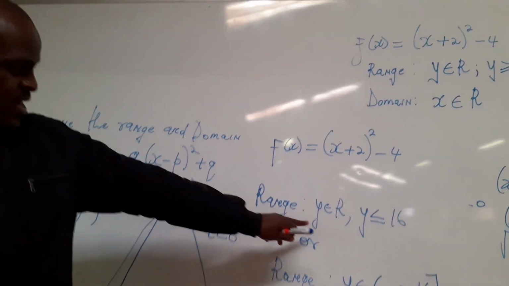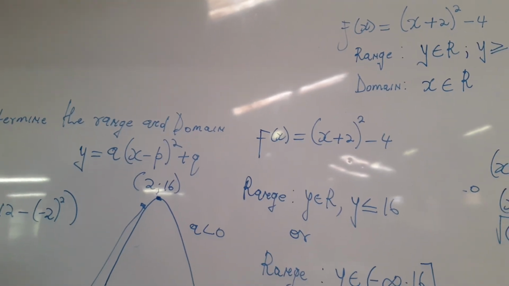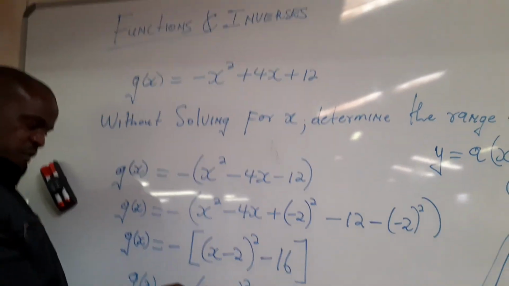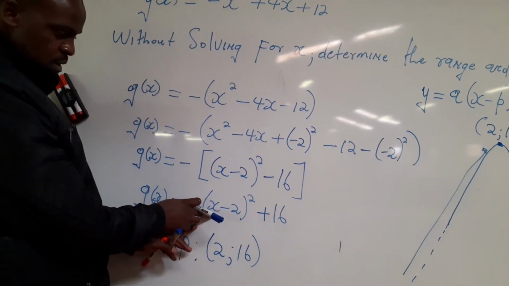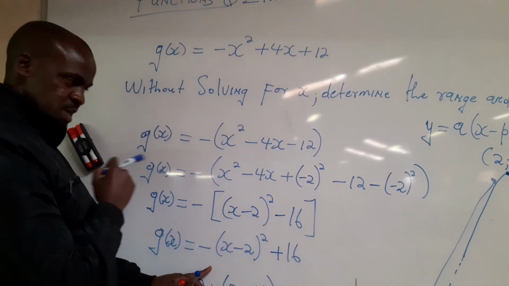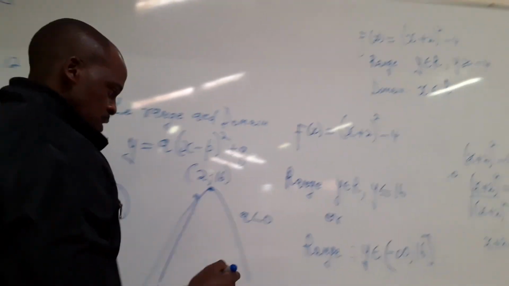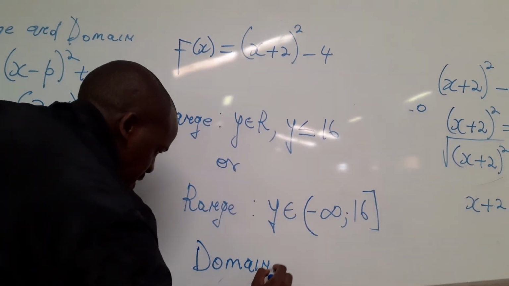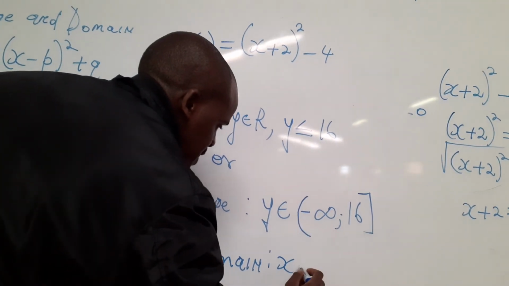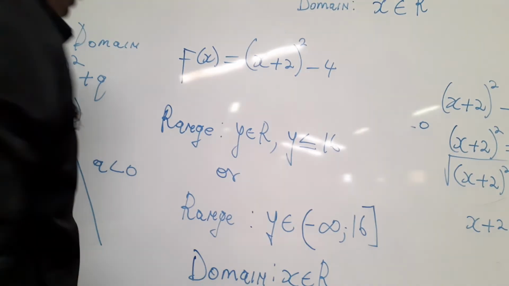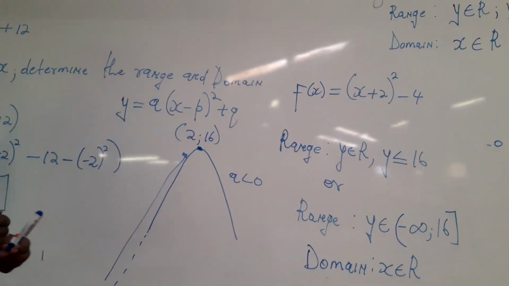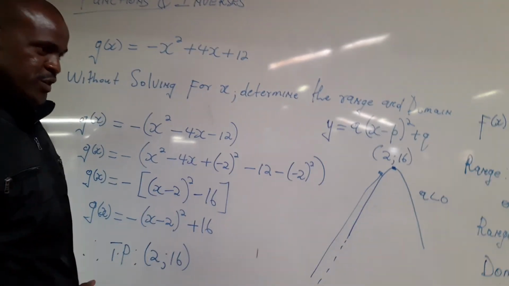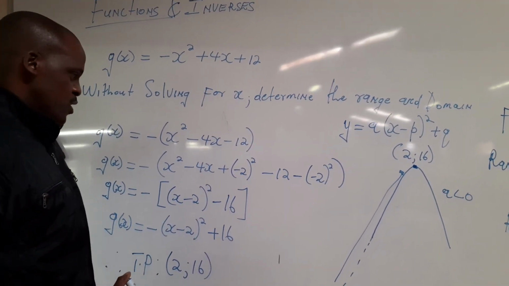You can write it either like that or the other way. Remember, for the domain, any value of x that you put here, this function will always exist. Therefore, for the domain, x is an element of real numbers. So let's stop here for the domain and range so that we can proceed to transformation.